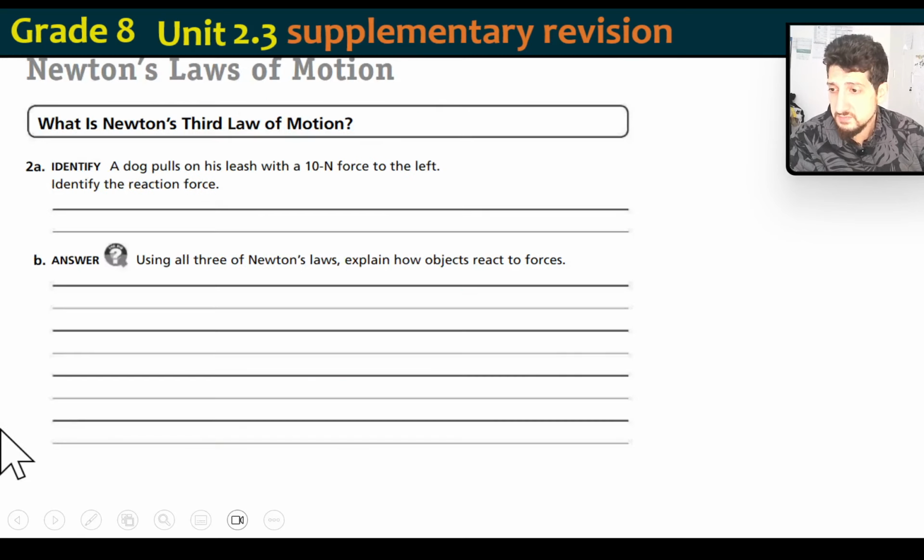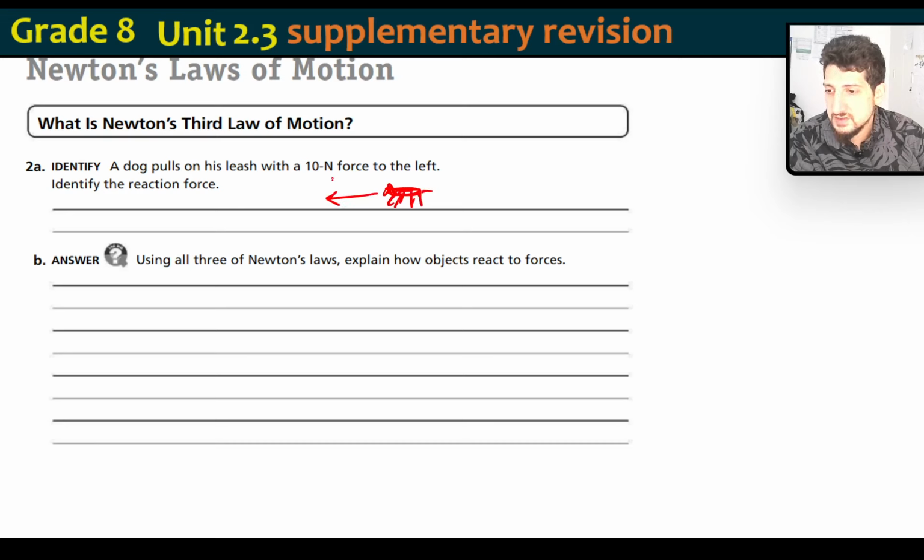Okay, let's move on. What is Newton's laws of motion? 2a says identify the reaction force. A dog pulls on his leash with a 10 Newton force to the left. Identify the reaction force. So this here is about Newton's third law. Okay, here is, I'm going to try to attempt to draw a dog. It's terrible, isn't it?